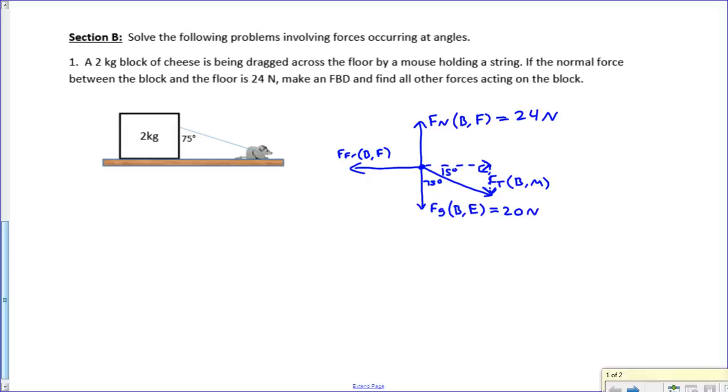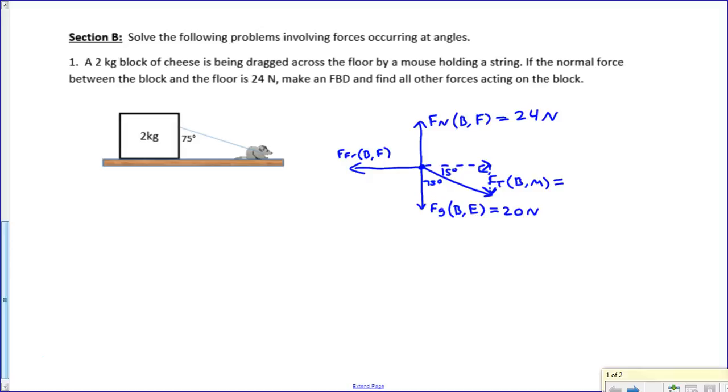If you do some trigonometry on this triangle, you should figure out that the tension force, the downward component of that tension force, oh, actually, you don't do the trigonometry at this point. What we see is there's 20 newtons going down and 24 newtons going up as shown. And that means if we have to balance things out, we need another 4 newtons going down.